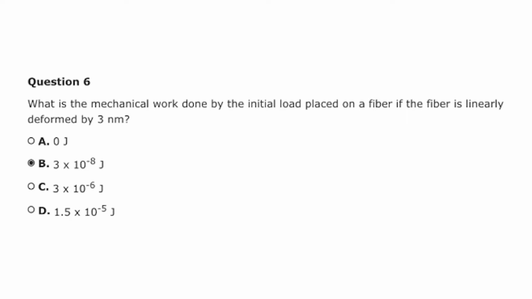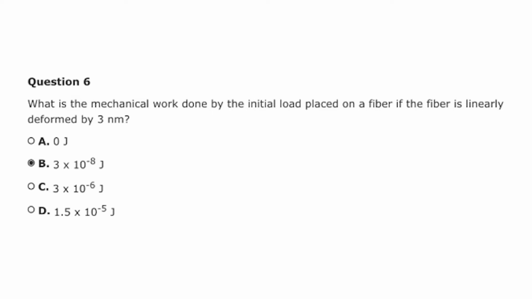Wow. So really straightforward question that obviously could use a lot of this discussion. So, all right. If I had no idea here, or maybe if I didn't remember how to convert nanometers to meters, I would look at this question and say, well, the fiber is deforming, so there is some work being done.